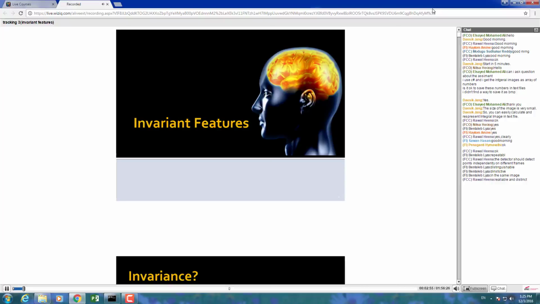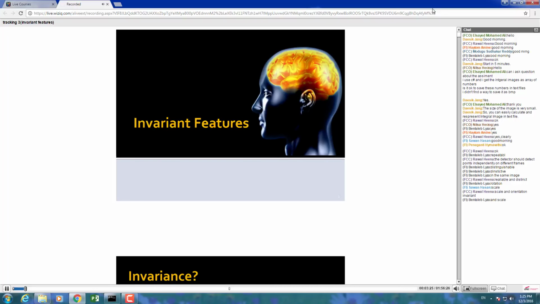Okay, so to satisfy these conditions, we need to provide some invariance, right? So we call those feature points invariant features. What kind of invariance do we expect? Mostly it should be invariant to some transformations.